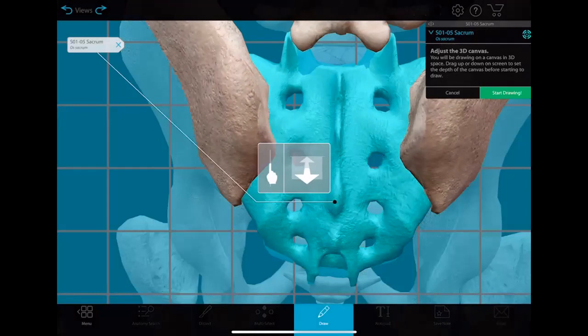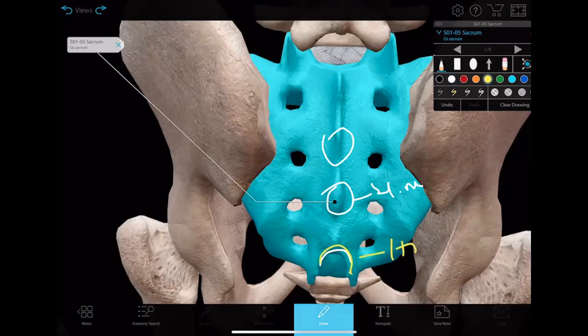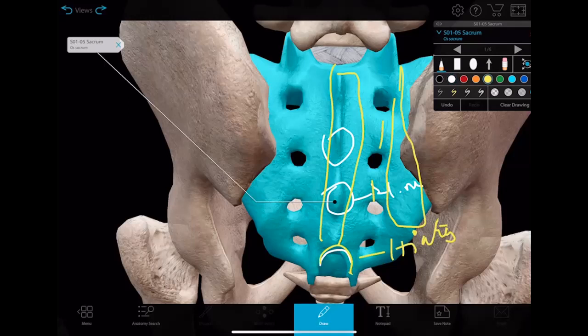So let's draw. These are the spines, whereas this is the sacral hiatus, right? This is the median crest, this is the lateral crest, this is the intermediate crest, right?